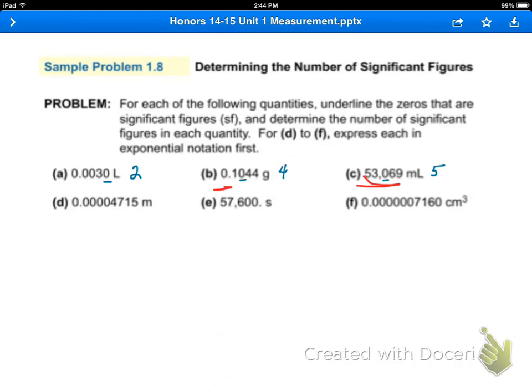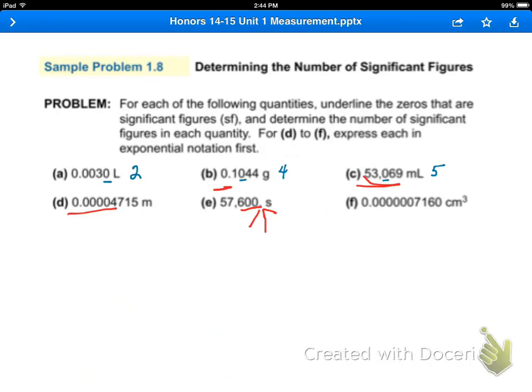All right, so if I look at D, E, and F, let's not express them in scientific notation. These are leading. These would not be significant. Okay? Now, these are trailing, and there's a decimal point there, that means that I know those values. So those are significant. Okay? These are significant.